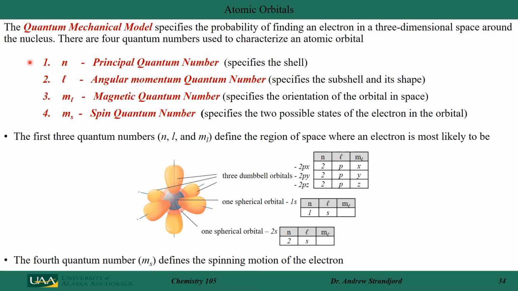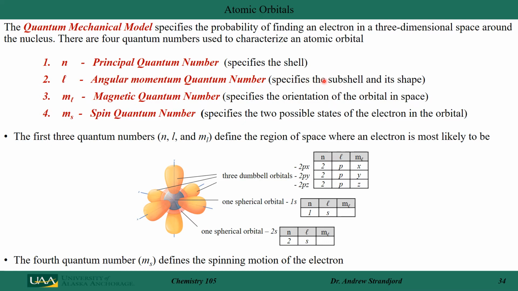There is the first quantum number represented by n, and that is what we call the principal quantum number, and that actually specifies the shell. And that shell is very similar to the shells that we see in the Bohr model, 1, 2, 3, 4, 5, etc. There is a second quantum number which we call L, which is the angular quantum number.